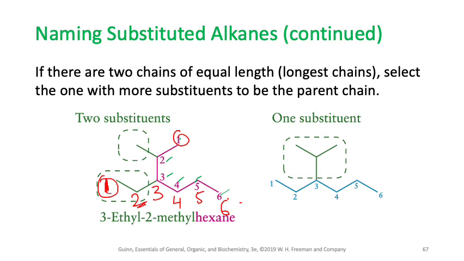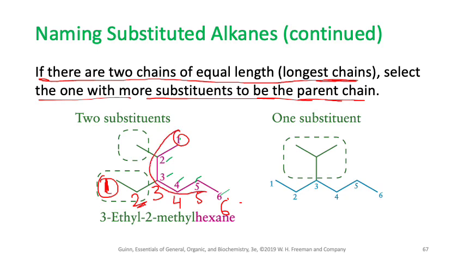So the rule says if there are 2 chains of equal length, the maximum number of carbon that you can include, select the one with more substituents to be on the parent chain, right? So if I take the parent chain this way, the original numbering that the publisher already gave you, how many substituents do we have? How many carbon atoms are not part of this parent chain?